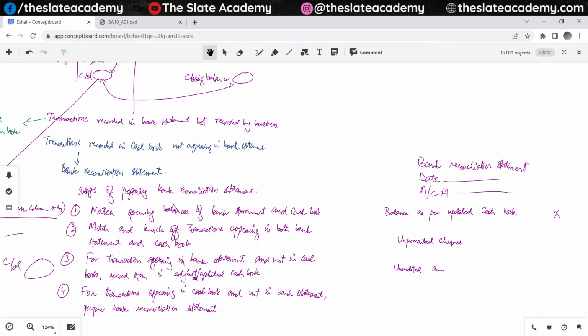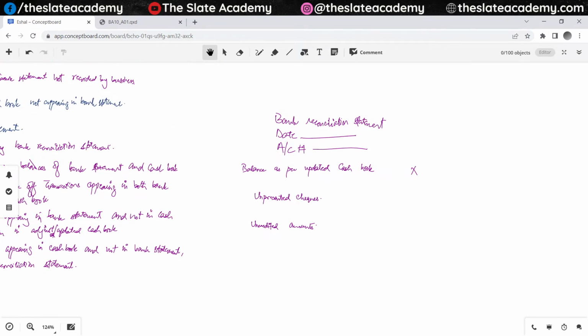Once I adjust these two, that should match with the balance as per bank statement. Achha ji, instead of trying to memorize whether I add or deduct the uncredited amounts or the unpresented checks, the better way to do it is to understand.